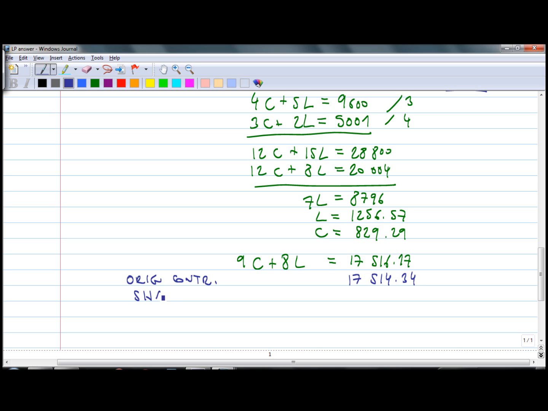Therefore, your shadow price is the difference between the two, and it comes to 1.83 dollars per gram.